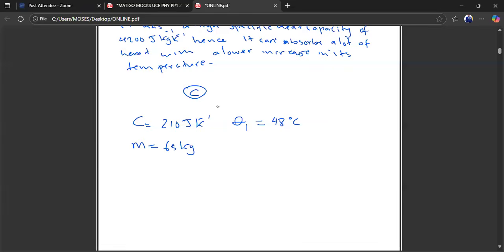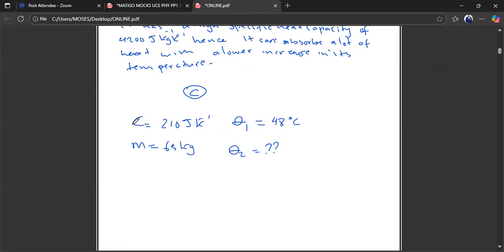Final temperature, theta 2, we don't know. After braking, of course, the temperature of the tires is going to increase from 48 to a new value due to the heat that is going to be absorbed during the braking, due to friction.